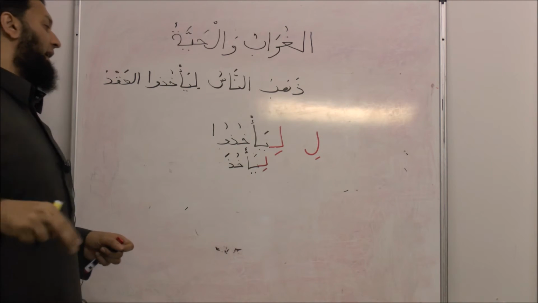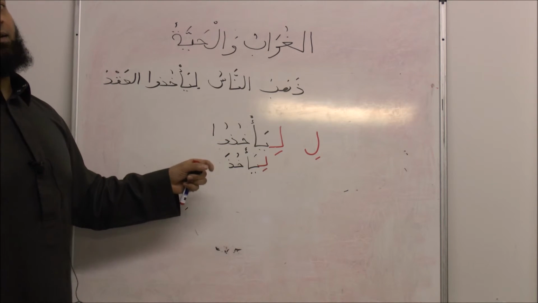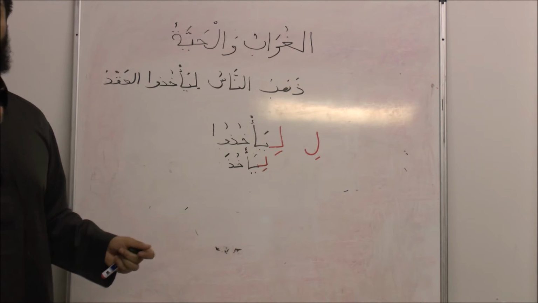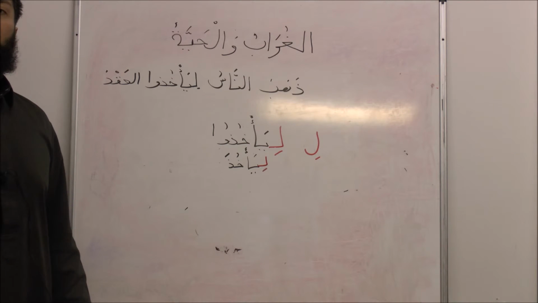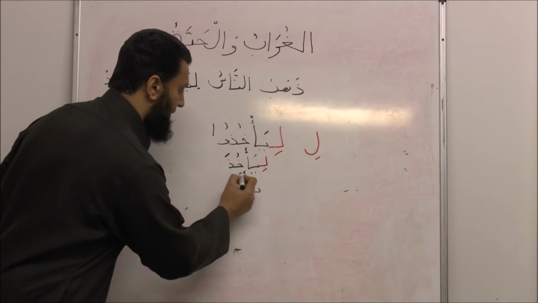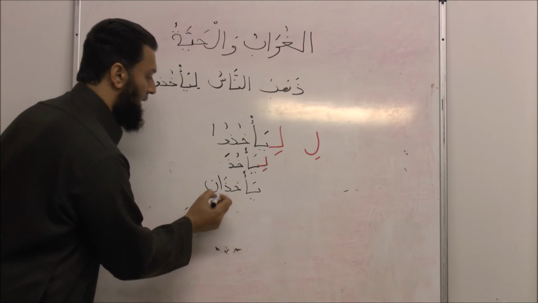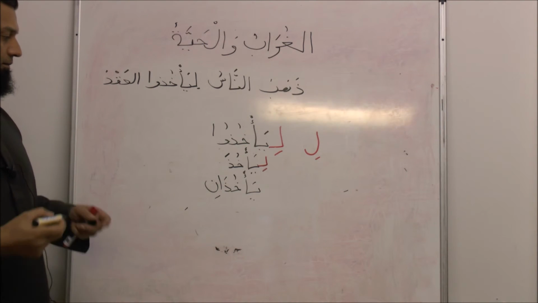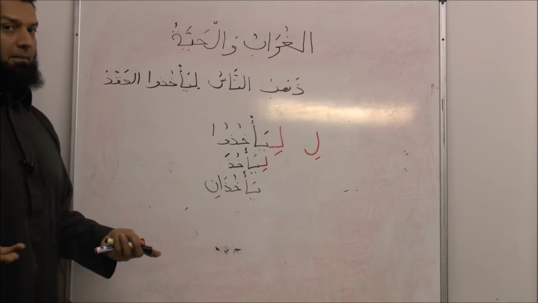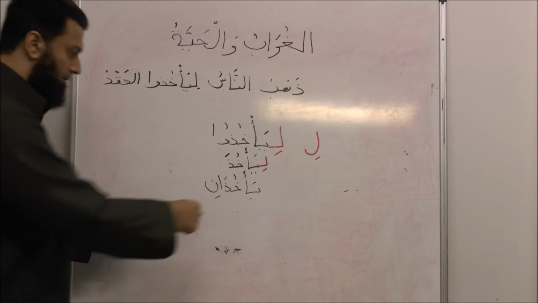The only other one is the dual. How do we say they two take? Before we add anything, it's ya'khudani. The ani sound is the same in the ismun and the fi'lun.